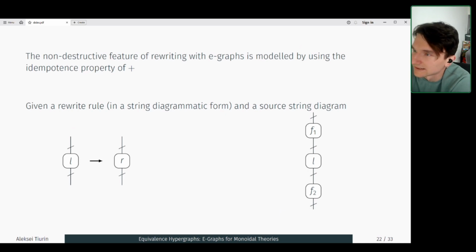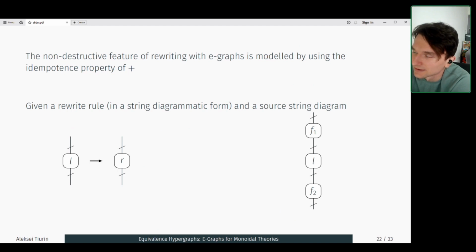And by using these classes and the extended string diagrammatic syntax, we can model the non-destructive feature of rewriting with E-graphs in the symmetric monoidal setting.